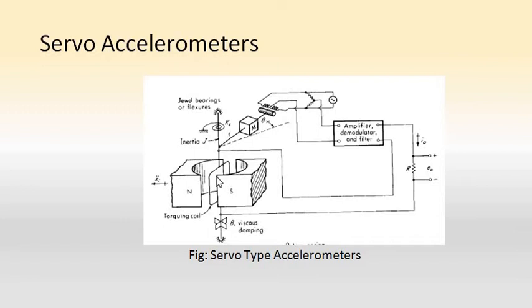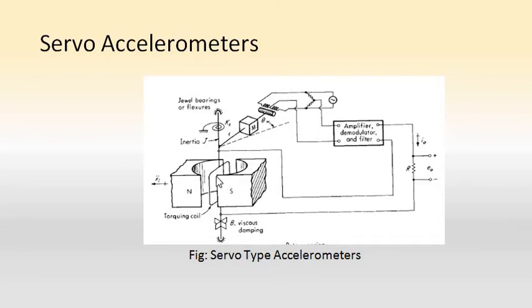The rotation theta from the neutral is sensed by the inductive pickup, amplified, then demodulated and filtered to produce a proportional current Ia, which is directly proportional to the motion from the null position.